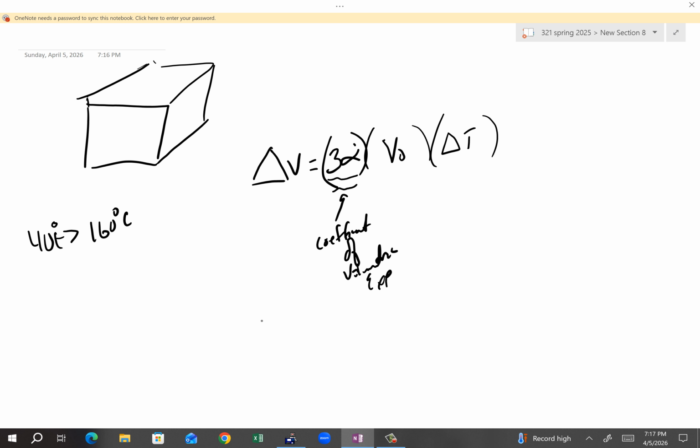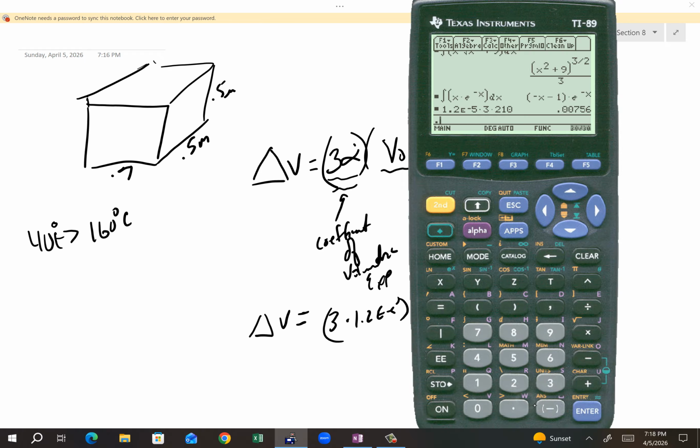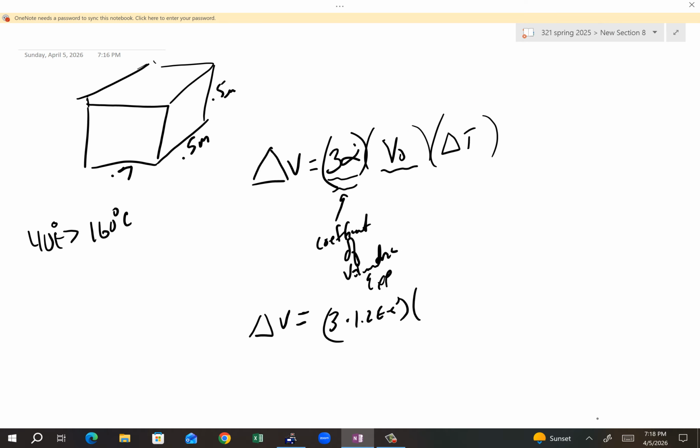So in our case, let's say it's a piece of steel, so it's 3 times 1.2 E minus 5. And then let's say the initial volume was 0.5 meters, 0.5 meters, 0.7 meters. So 0.175 cubic meters.